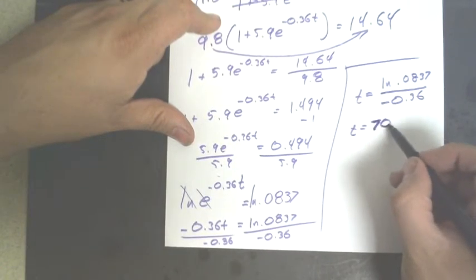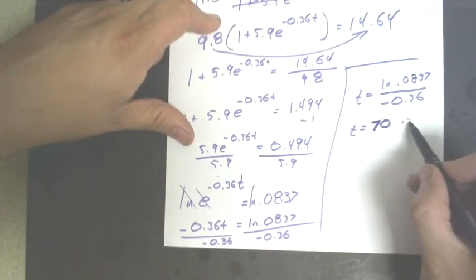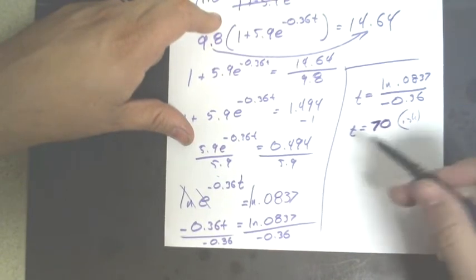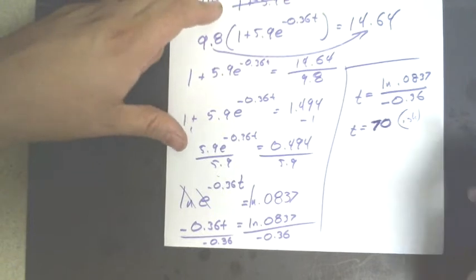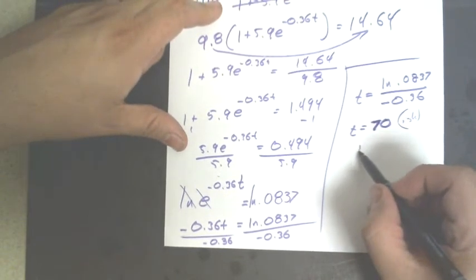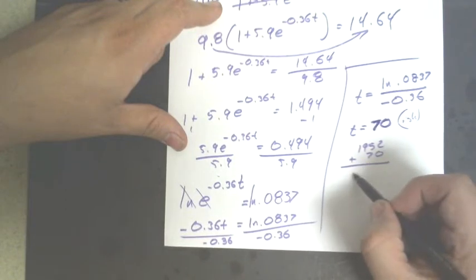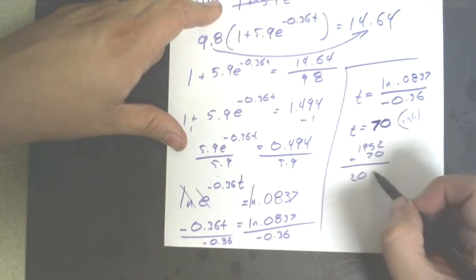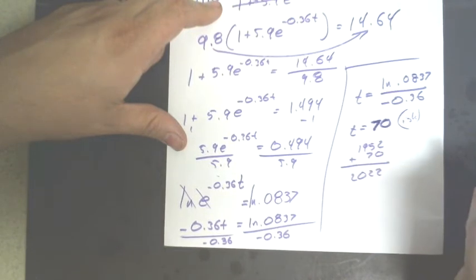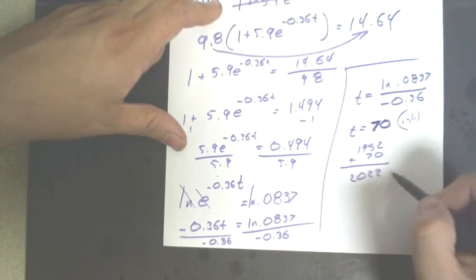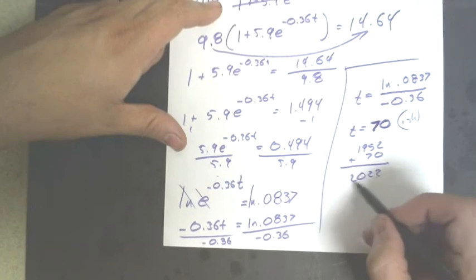So it's ever so slightly less than 70, 70-ish. Since t is time since 1952, add 1952 plus 70 years, which is going to be 2022, and it's a little bit less than 70, so it'll happen just before 2022, so it'll technically happen in 2021.